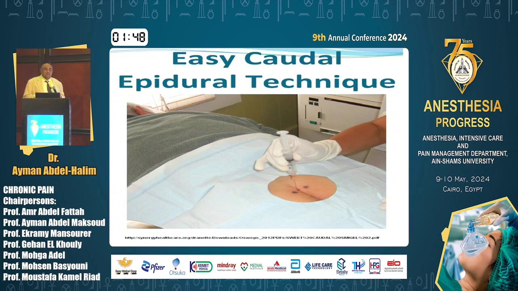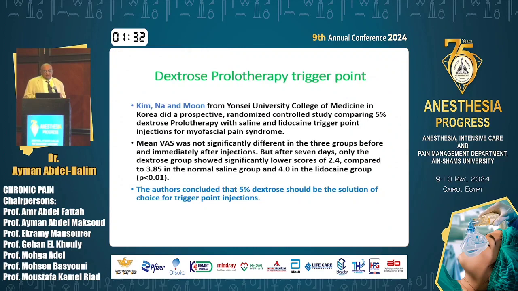I do it a lot, by the way, in patients that have brittle diabetes. I found it extremely useful. Instead of injecting steroids in these guys, which can get you to DKA. This one from Korea, they actually did trigger points with dextrose.